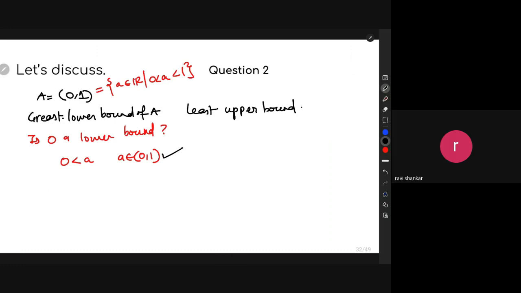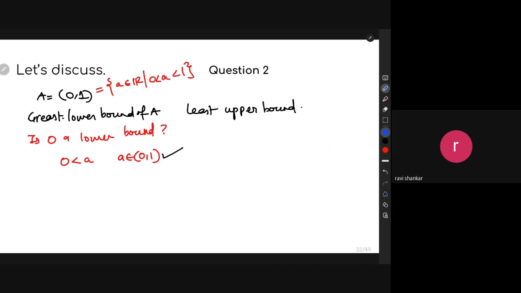Now, I claim that 0 is the infimum and the supremum is 1. But that is your guess. You also need to prove mathematically why 0 is the greatest lower bound and 1 is the least upper bound of this set.